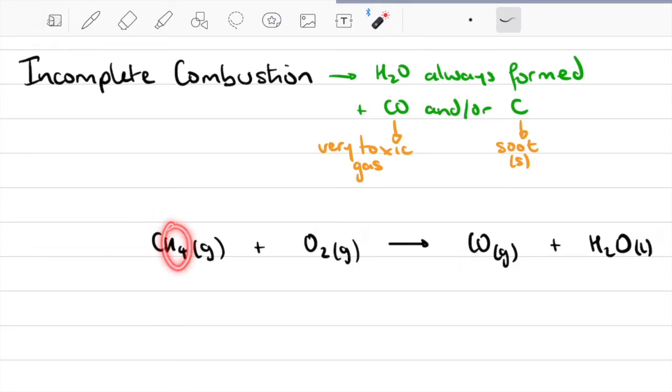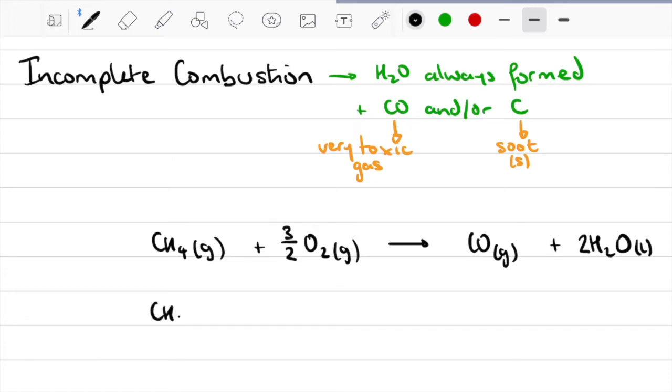I've got 4 hydrogens and currently only 2. So I'm going to put 2 in front of that. Now I count up my oxygens on the right. I've got 1, 2, 3. So I've got 3. So I'm going to do it as my fraction because I find that is easier. So 3 over 2, or 1.5.